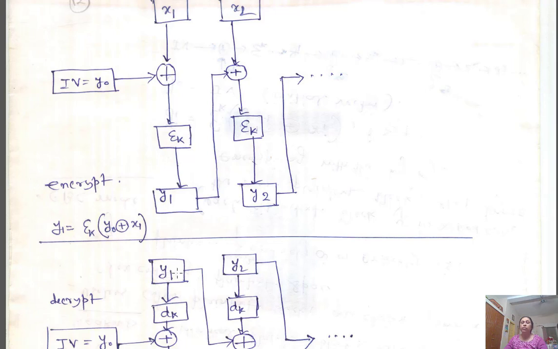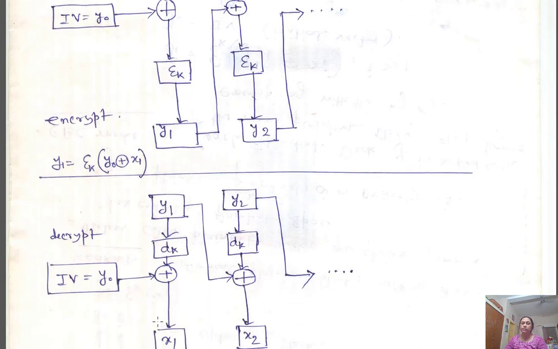So Y1 you first pass through the decryption box. If you pass it through the decryption box, you get Y0 XOR X1. So if you XOR with Y0, this Y0 and Y0 nullify, and you get X1.